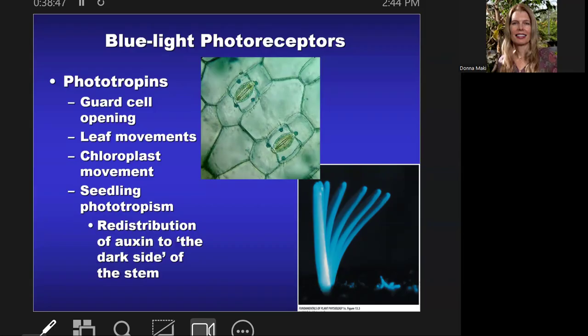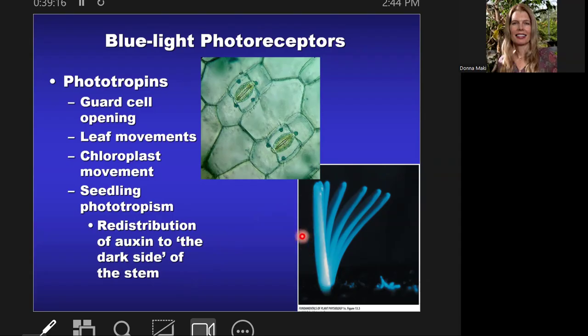We already talked about phototropism. So really, it's the kickoff again with the idea of plants bending toward unidirectional light. It's the photoreceptor getting hit with blue light that then gets the auxin hormone sent over to the dark side of the stem and tells the dark side of the stem, grow, grow, grow.